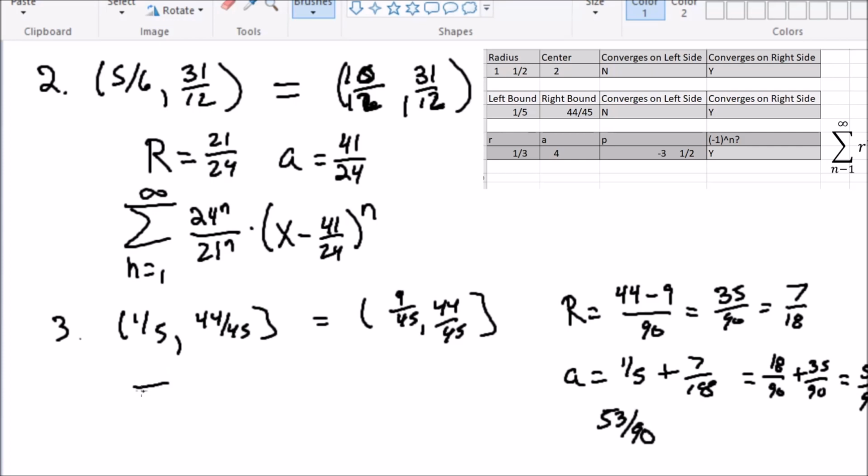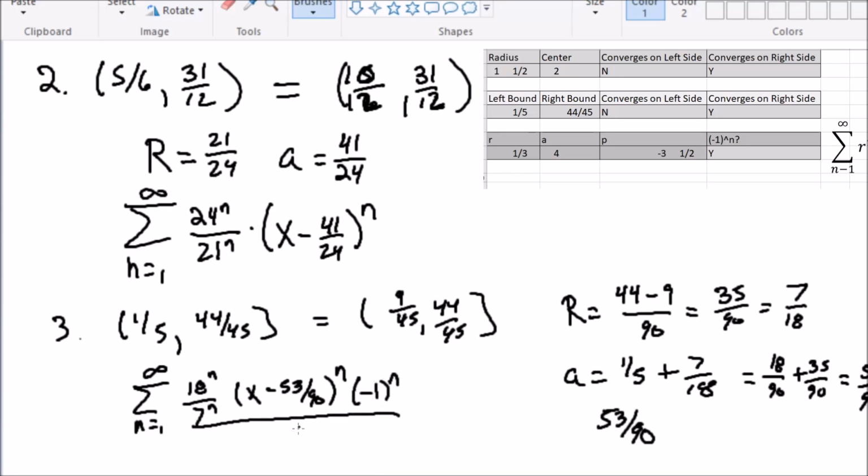So this is going to be the sum from n equals 1 to infinity of 18 to the n over 7 to the n times (x minus 53 over 90) to the n. I want my right endpoint to converge, so I'm going to multiply by (-1) to the n all over n.